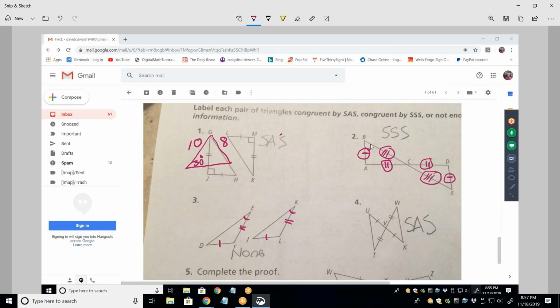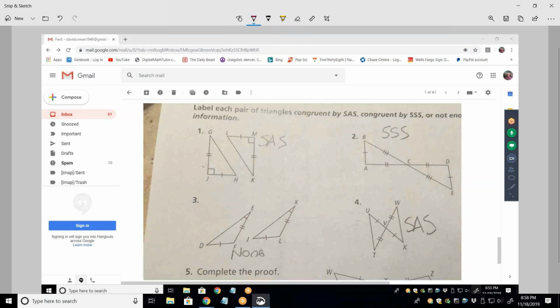Now, over here, I'm going to draw another triangle. That angle is 30 degrees. That side is 10. That side is 8. Those 2 triangles are not congruent. Okay. So side, side, angle does not prove congruency. Okay, makes sense. It has to be side, angle, side or angle, side, angle.